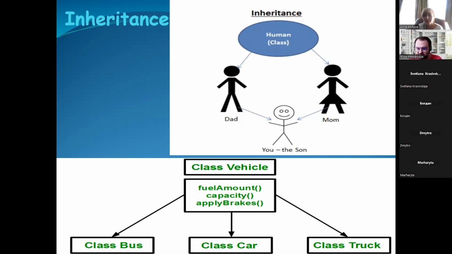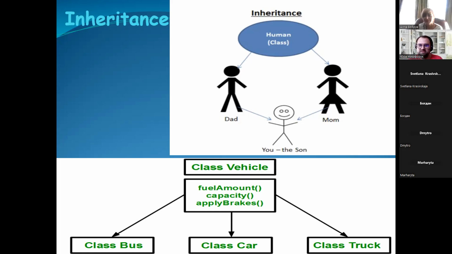You can see some example with the creation of a new person. Yes, if you have a dad and mom, you inherit some properties, or to say it more conveniently, from your relatives.